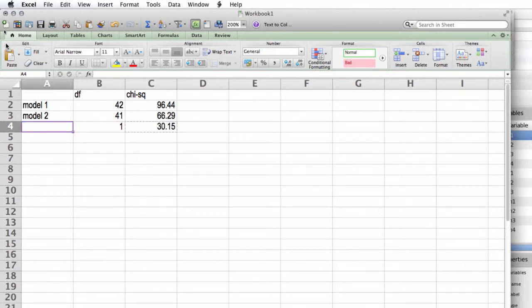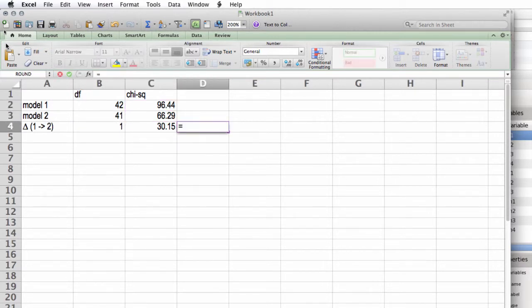So delta, the change from model 1 to 2 is 1 degree of freedom, and the chi-squares are 30.15.